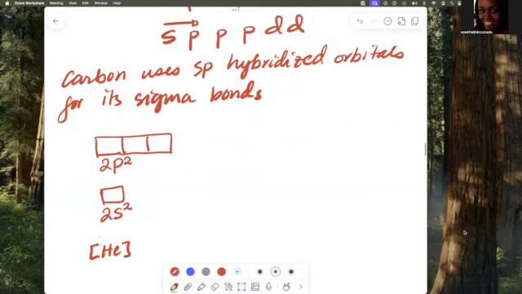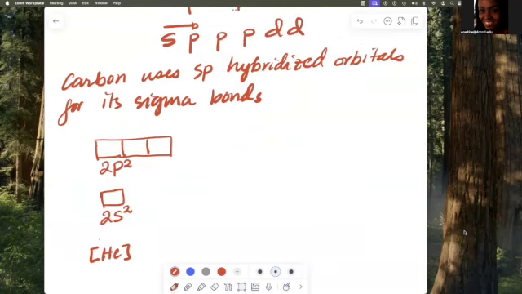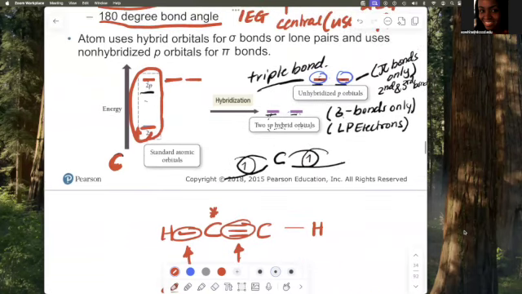Okay. So what we're doing here is now when they show this here, they make it very easy because all they're saying is, well, just go ahead and mix one of the two S's, or the two S orbitals, right? You only have one 2s orbital. So essentially what they're showing here is take the 2s orbital and mix it with the first 2p orbital.